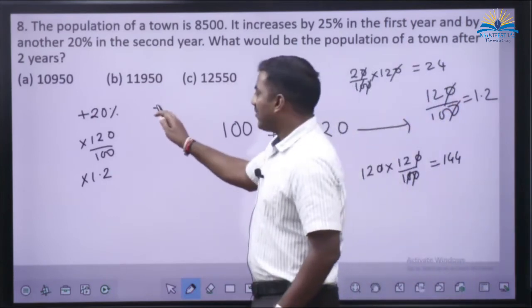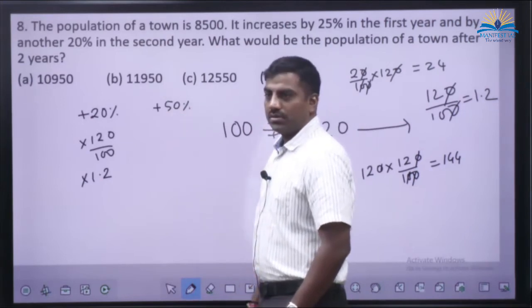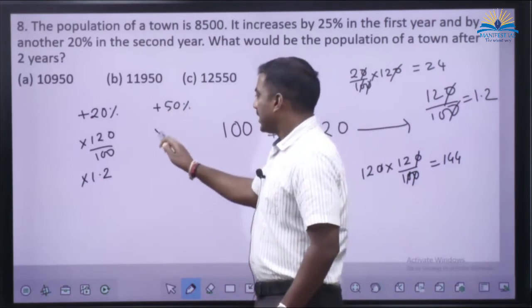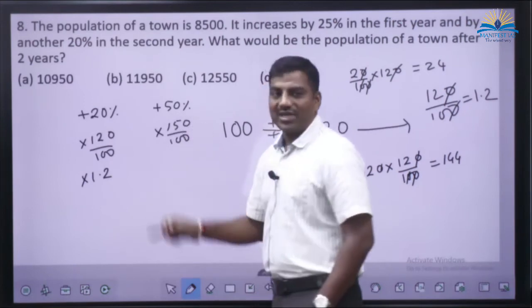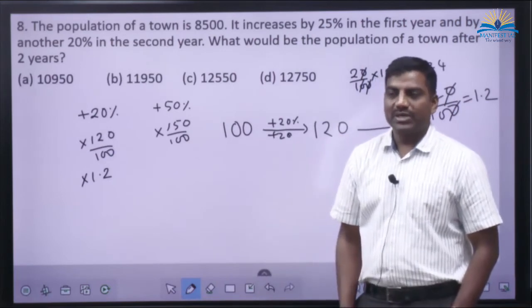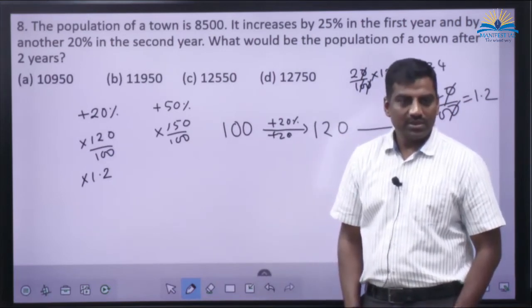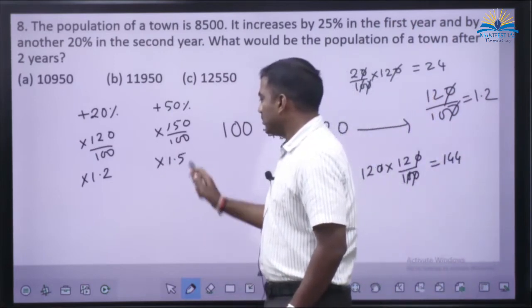Let's say I have to add 50%. Can I directly multiply by 150 by 100? It is becoming 1.5 times, no? If you are adding 50% to anything, it is becoming 1.5 times, right? Yes? Or can I multiply by 1.5?